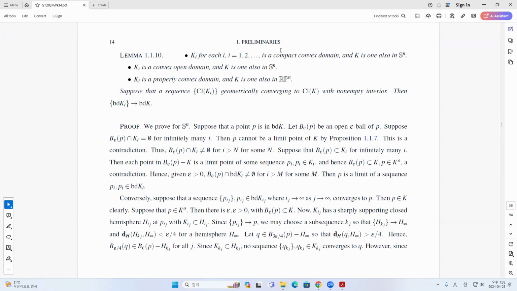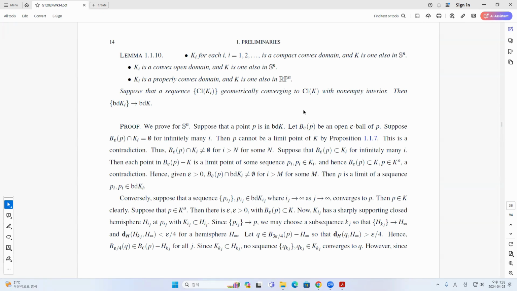So suppose one of the three conditions holds, then the closures converge to K, with non-empty interior, then the boundary also converges.